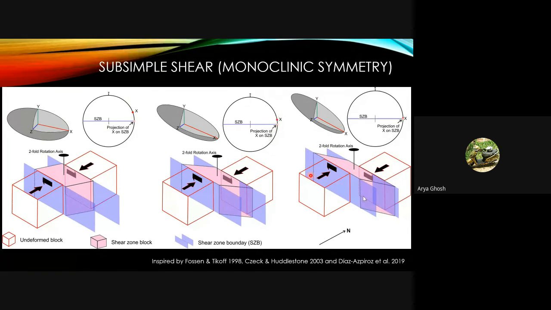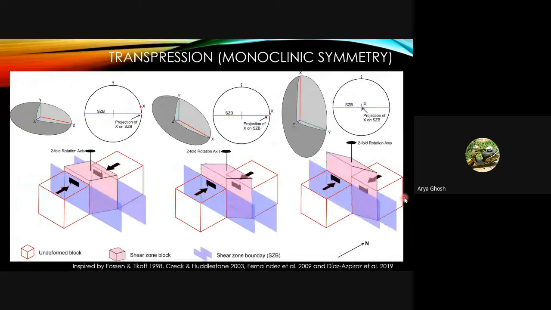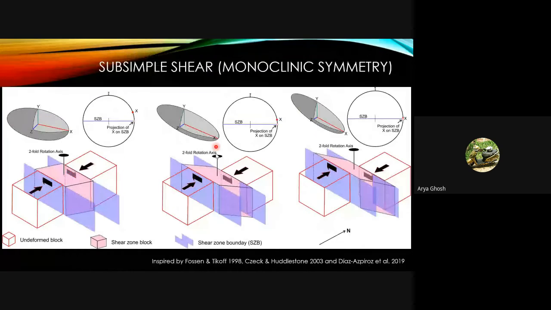Now we will move on to the next case, which is the case of Sanderson and Marchini, where the pure shear component causes vertical stretching of the shear zone block. Here also, if we try to fit a two-fold rotation axis, we'll be able to fit that, because this plane and the other side plane are absolutely the same in all the angles.